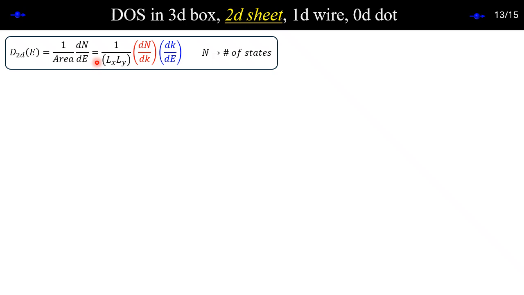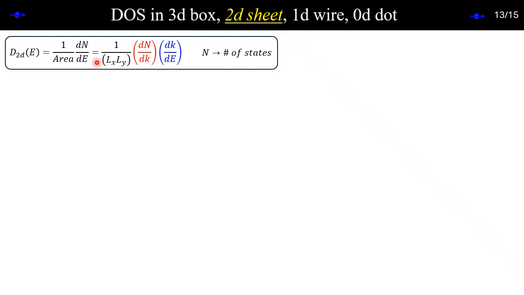So what is the size you will take in 2D? In 3D we took a sphere, right? We wanted to know within a sphere of k radius how many states you have. Now what is the question? What you need to know?